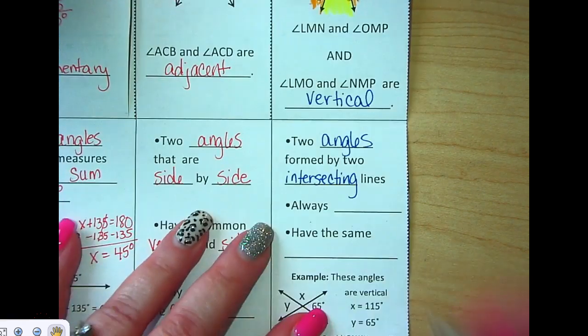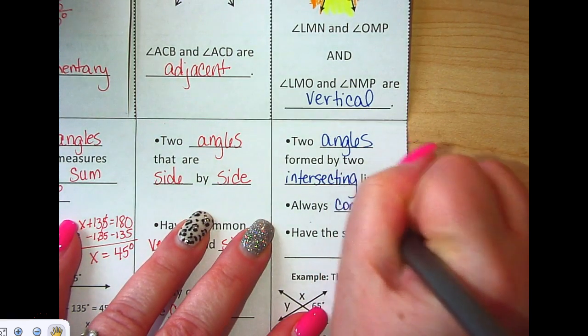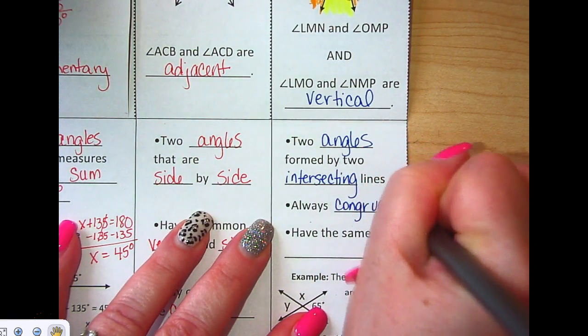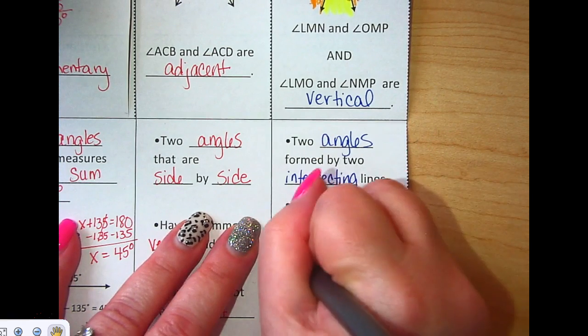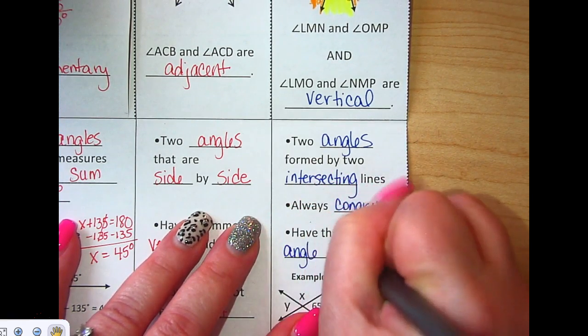They are always congruent, and they have the same angle measure.